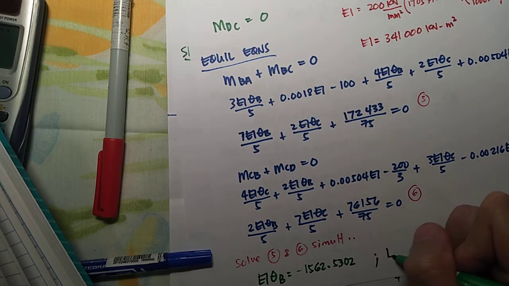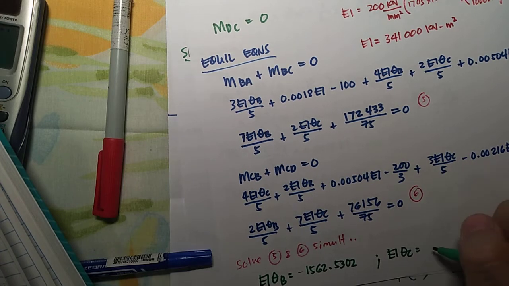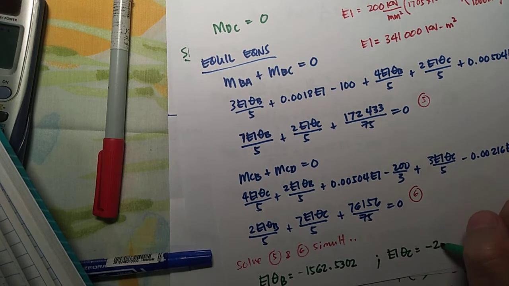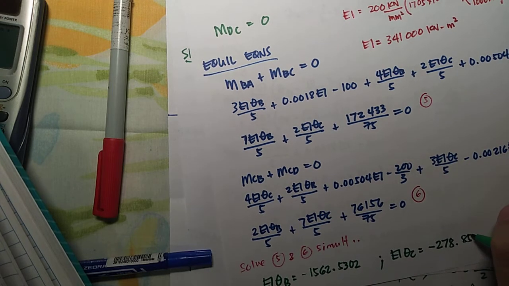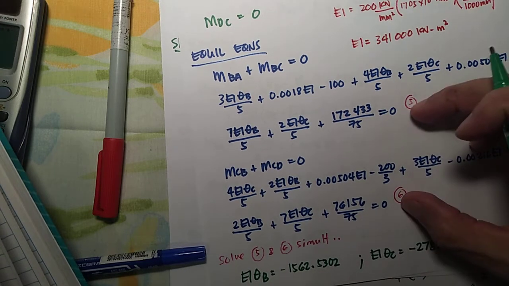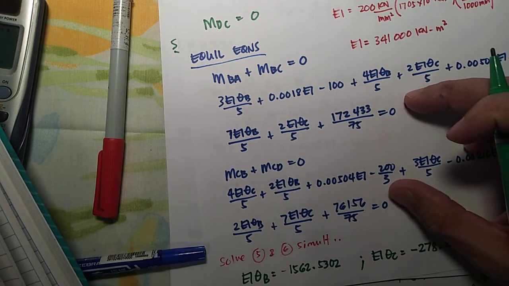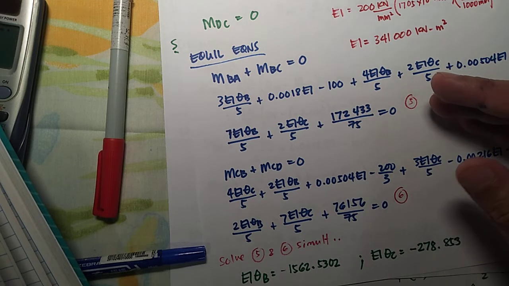Samantalang yung EI theta C naman natin is equal to negative 278.853. So hindi ko na pinakita kung paano mag-solve ng simultaneous equations.